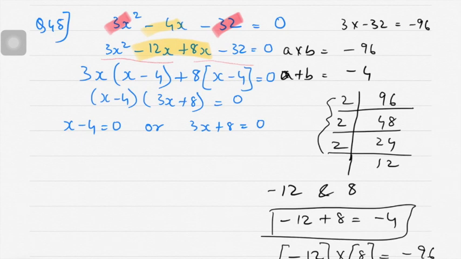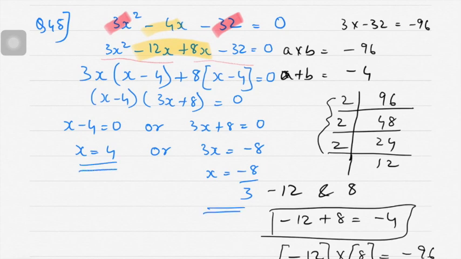So x minus 4 is equal to 0 or 3x plus 8 is equal to 0. So x is equal to 4 or 3x is equal to minus 8. Then x is equal to minus 8 by 3.